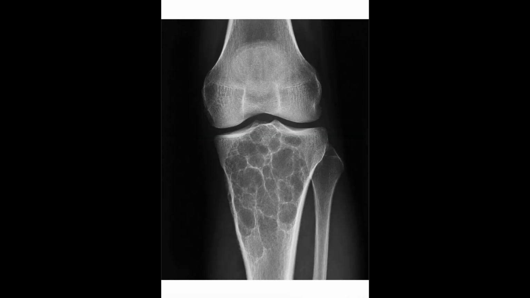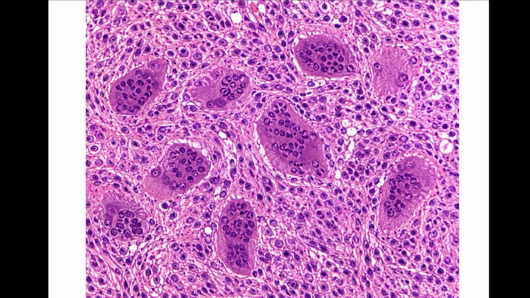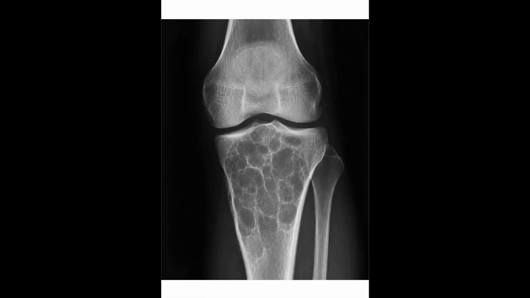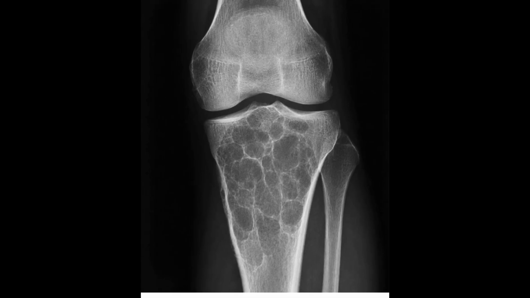First, I want you to see this radiograph. All of you can see this. This is one of the radiographs, the second one goes like this, and the third picture is a histopathological slide. So let's see what these pictures are, one by one. This is an X-ray of the knee joint.